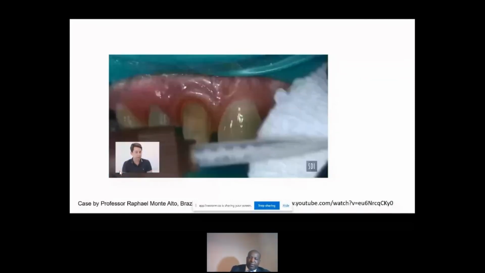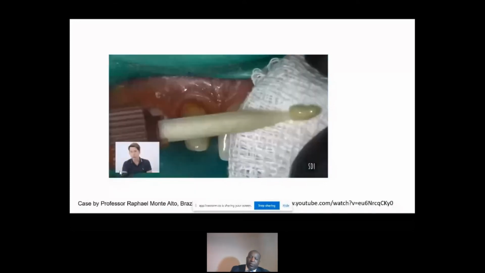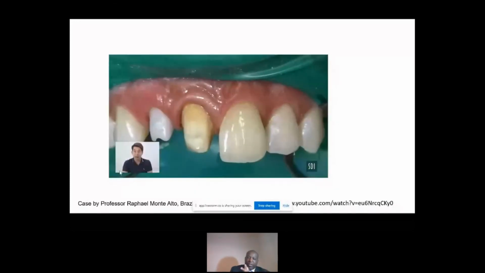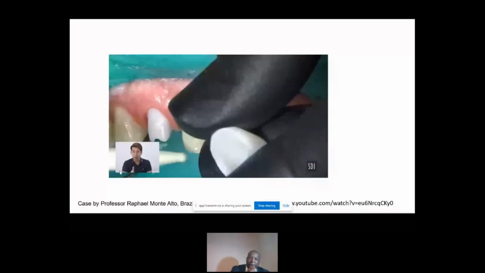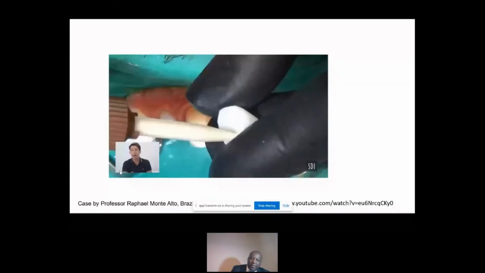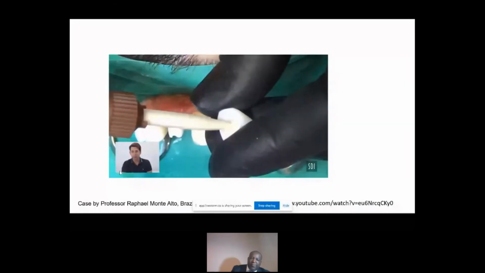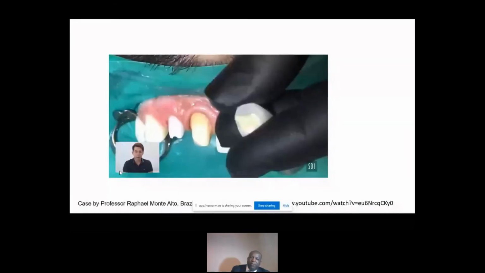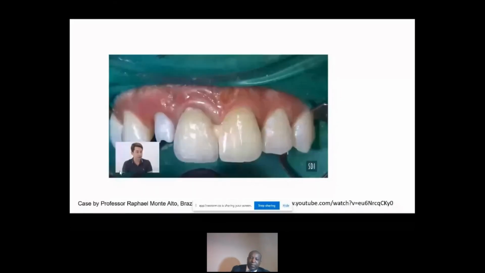So again, it's very important to do this first step. Always extrude the initial amount, and then be generous. He coats the ceramic restoration liberally with cement, and then puts it in position.